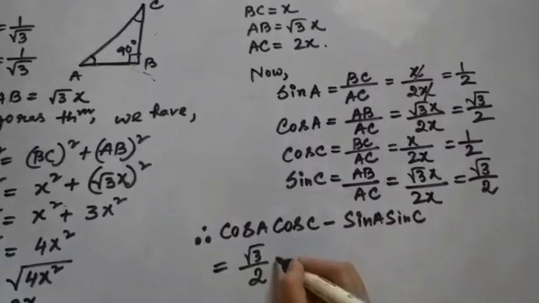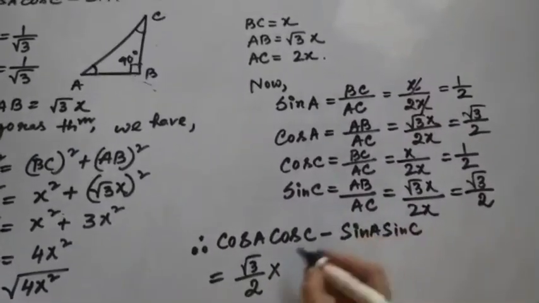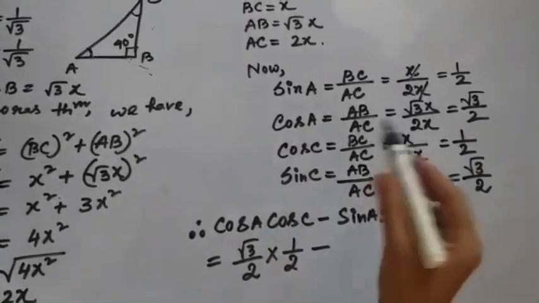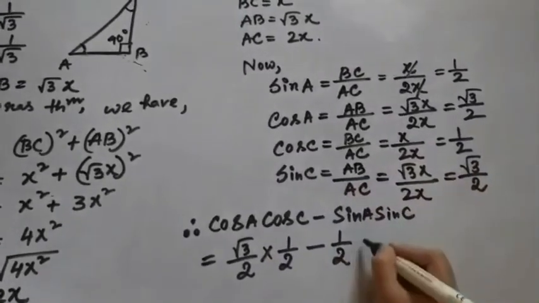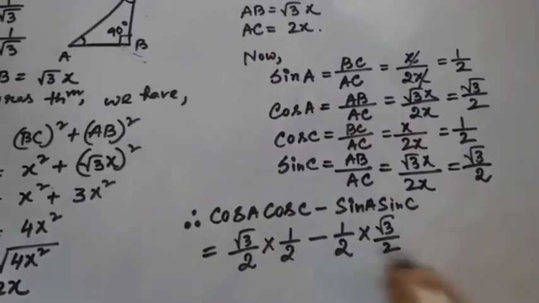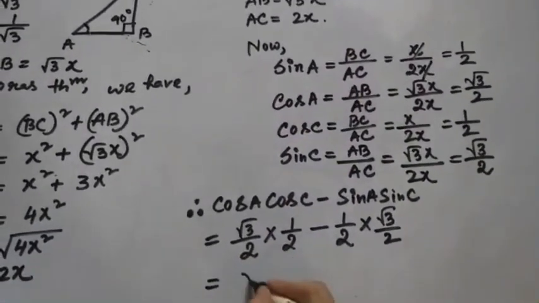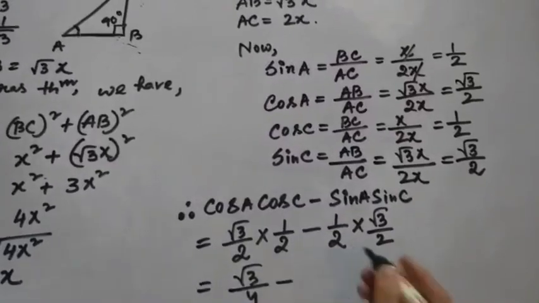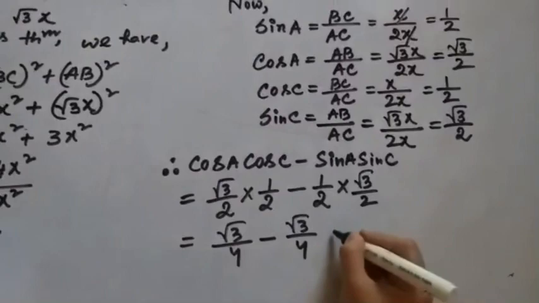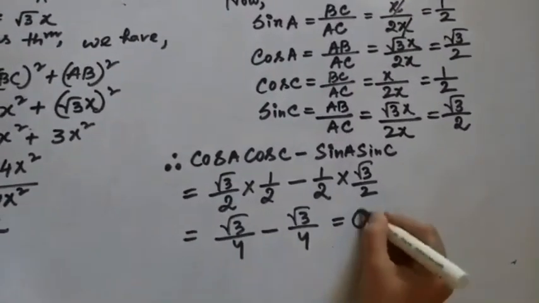The value of cos C will be 1 by 2, minus value of sin A is 1 by 2, multiply the value of sin C is root 3 by 2. Root 3 by 4 minus root 3 by 4, that means it will be 0. Okay.